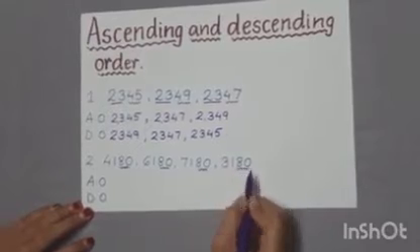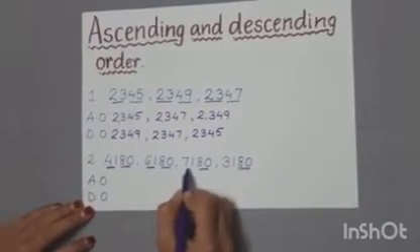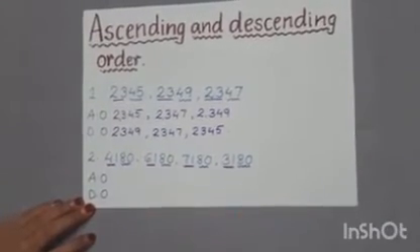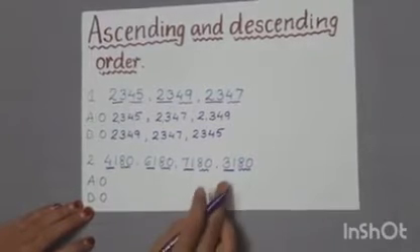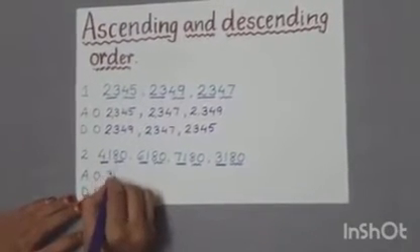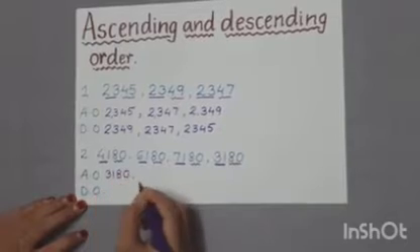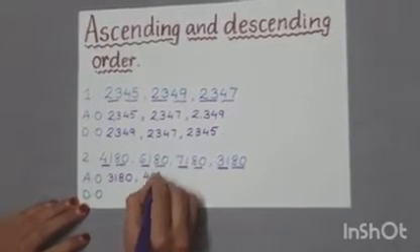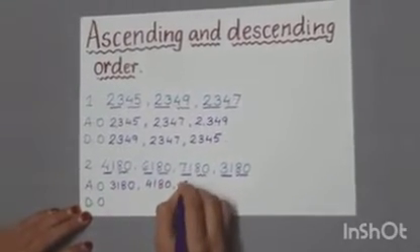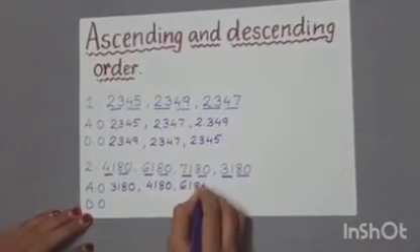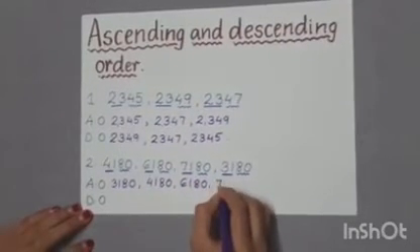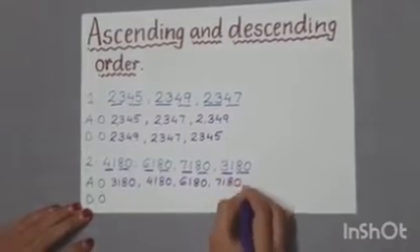So we will see which is the smaller number from 41, 61, 71 and 31. So 3180 is the smallest. After that comes 4180. After that will come 6180. And the last one will come is 7180.